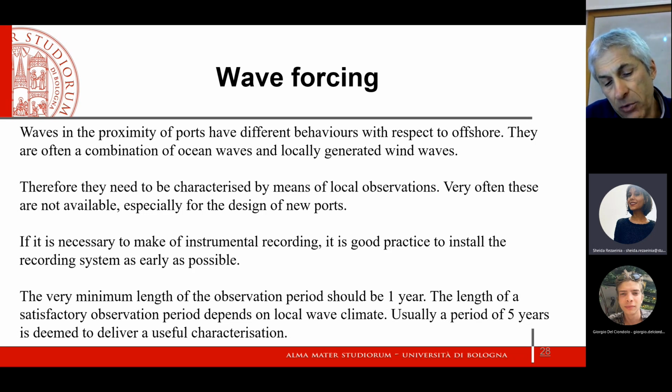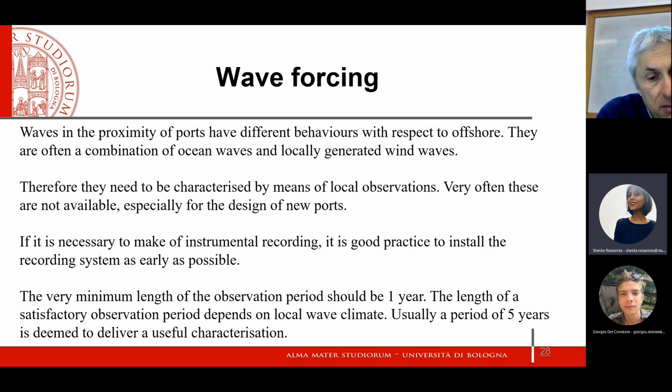And if we don't have information and we are involved in a project like restoring a harbor or designing a harbor, it's a very good idea to start monitoring waves as soon as possible. You know that when we talk about wave monitoring, to get a meaningful definition of the wave characteristics, we need at least 1 year of observations.